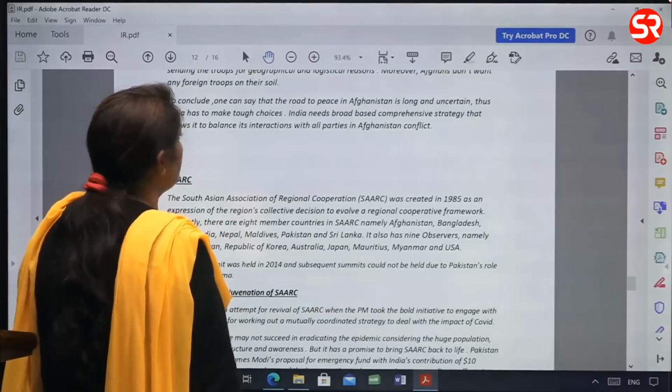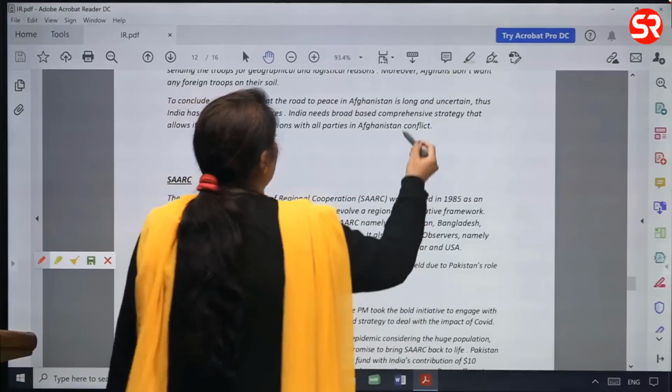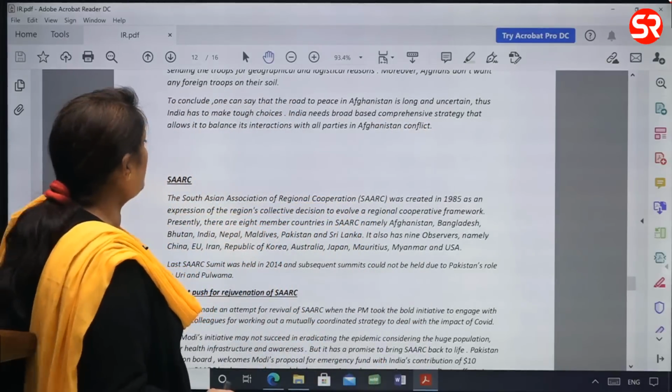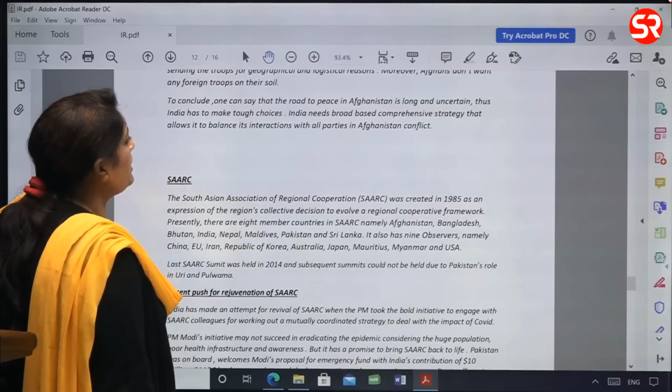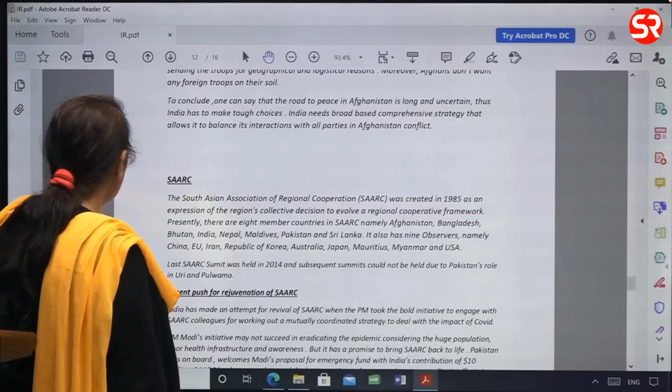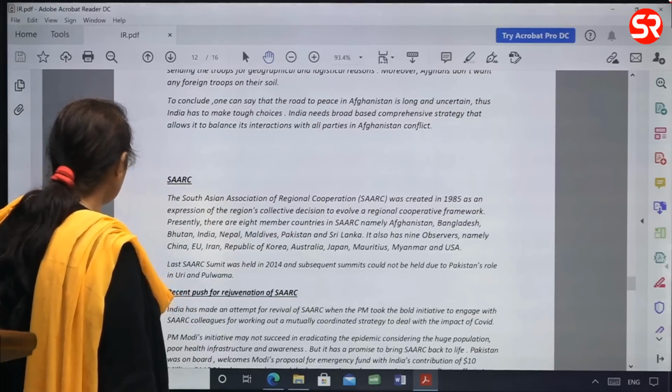So for the purpose of the exam, you can use these words and just show your approach. India needs a broad-based, comprehensive strategy that allows it to balance its interaction with all parties in the Afghanistan conflict.